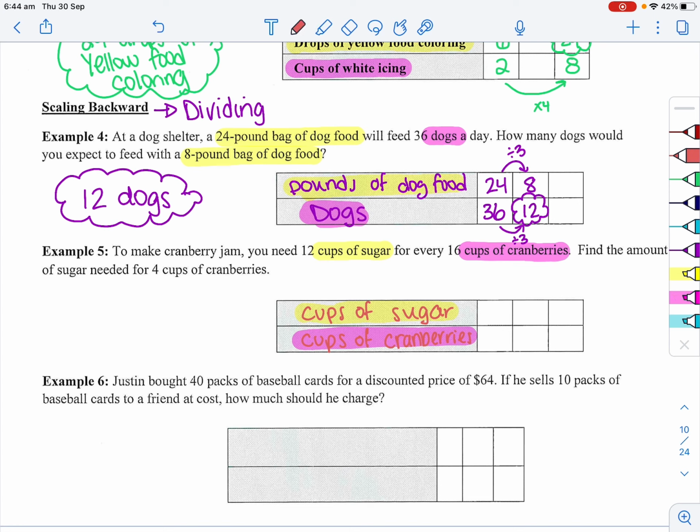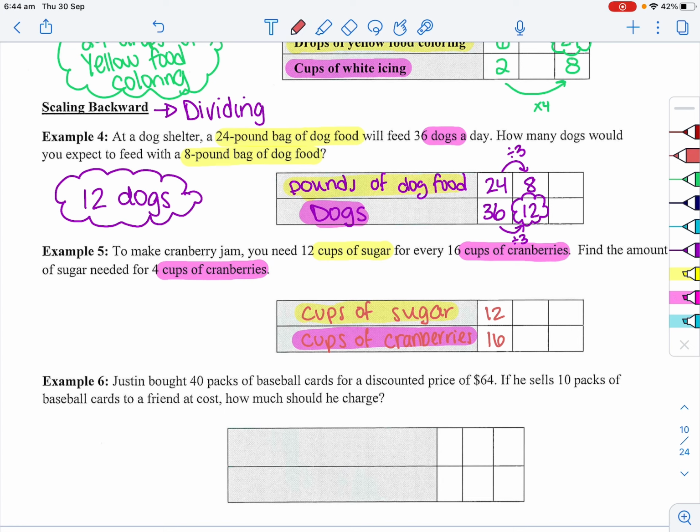I need 12 cups of sugar for every 16 cups of cranberries. And it says find the amount of sugar needed for 4 cups of cranberries. So I'm given the purple information this time.